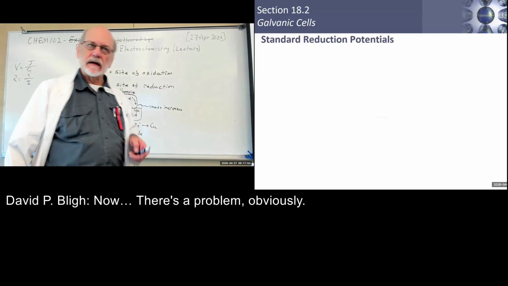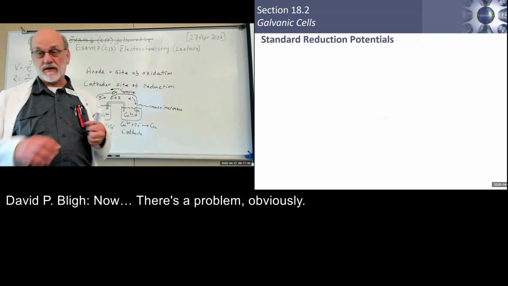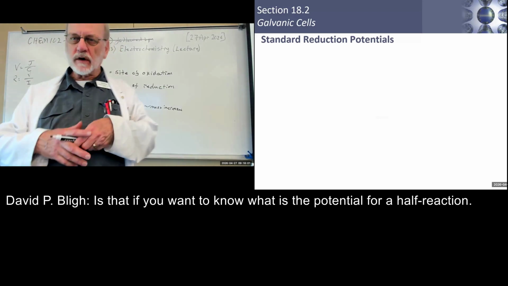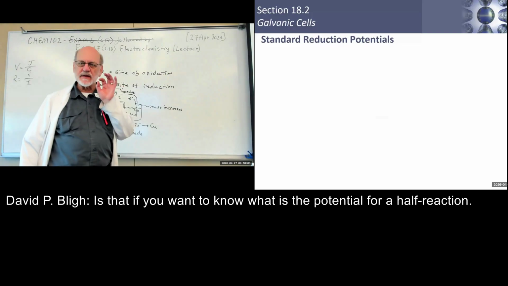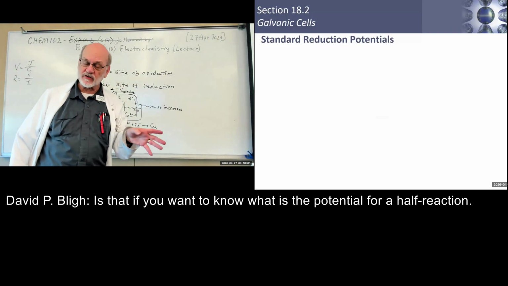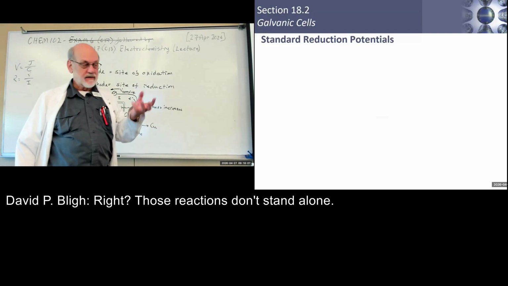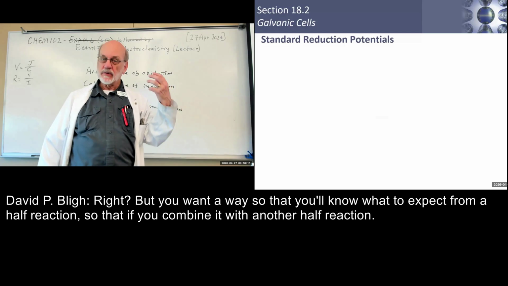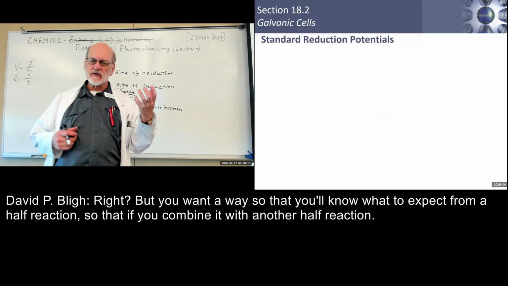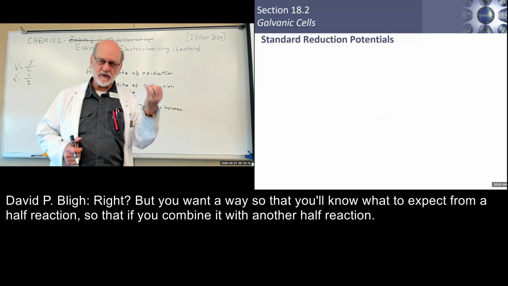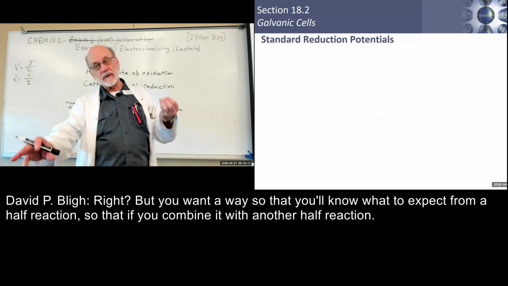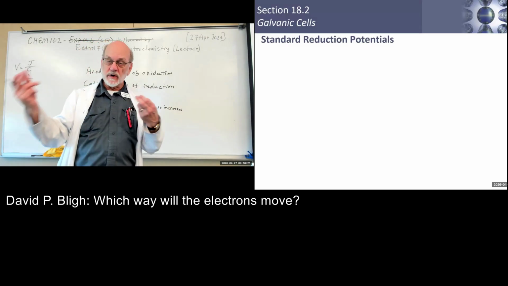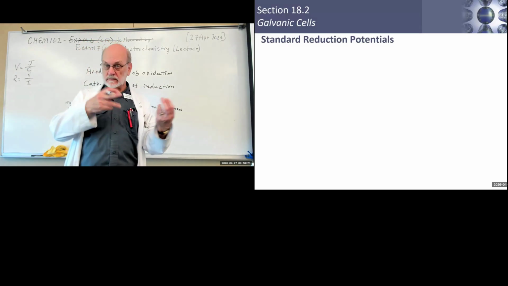Now, there's a problem, obviously, if you want to know what is the potential for a half reaction. Those reactions don't stand alone, right? But you want a way so that you'll know what to expect from a half reaction, so that if you combine it with another half reaction, which way will the electrons move?